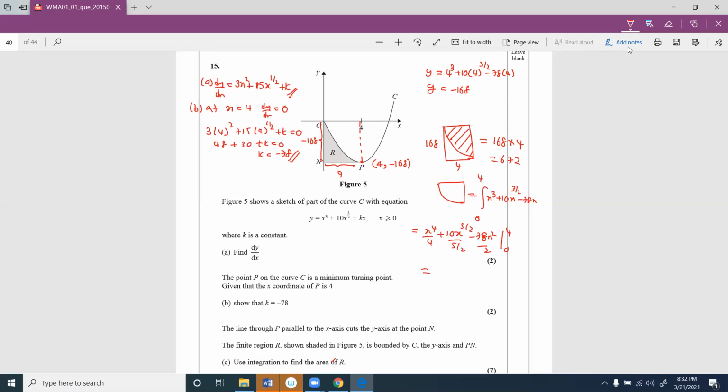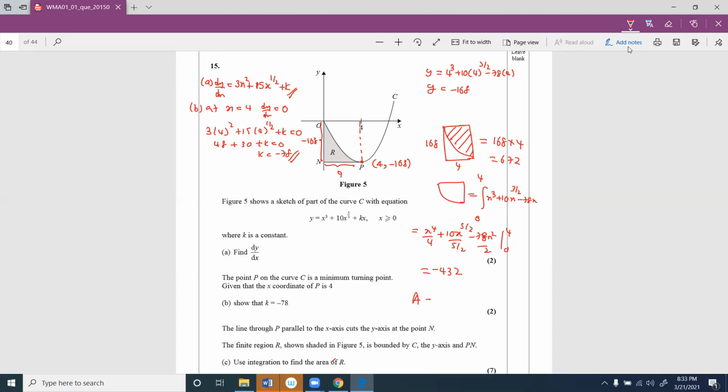If you just do this, you get the area. You have to do it manually and get the answer. I'm just doing it using the calculator, but anyway, you have to do it manually. Then you'll be getting the area as 432. When you get this answer, you get a negative answer, the reason being that obviously this is below the x-axis.